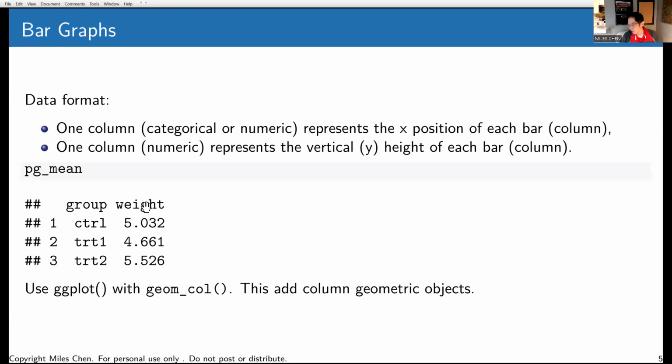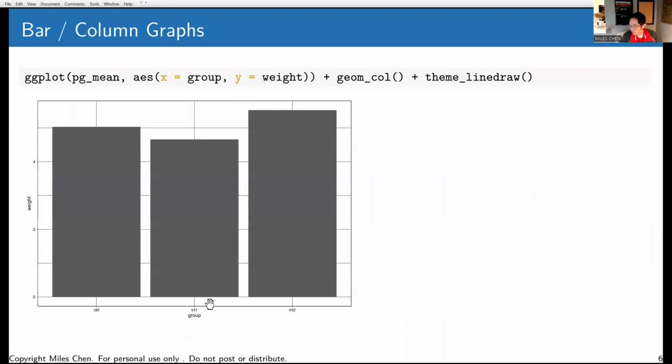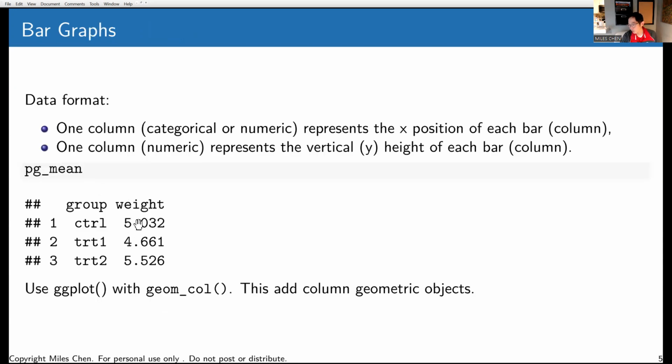What do we do? Imagine your data looks like this. Well, we can use geom_col, geom underscore col. We just say let's put group on the x-axis, so we will get control, treatment 1, treatment 2 on the x-axis, at different positions. And then how tall should the columns be? The columns use the height in the weight column, so I got 5.03, 4.6, and 5.5.